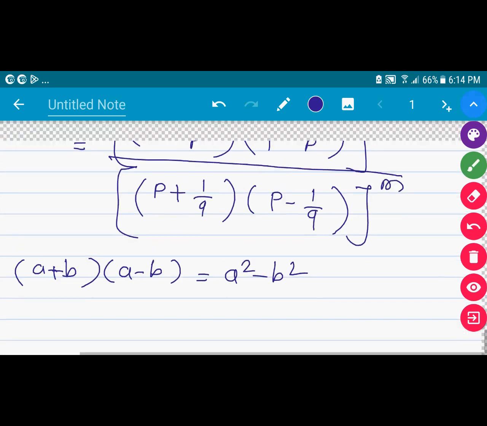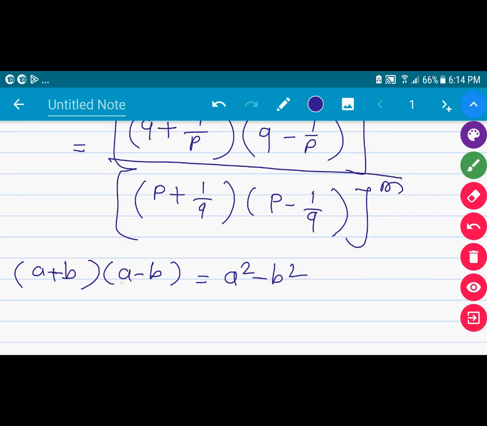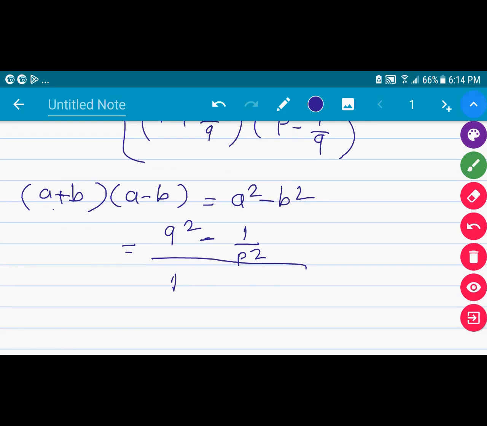So this becomes q in place of a, 1 upon p in place of b. So it becomes q square minus 1 upon p square, and in the division, p square minus 1 upon q square. Okay, and raised to this m and raised to this m.